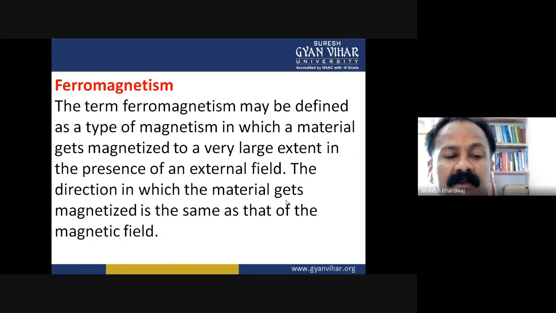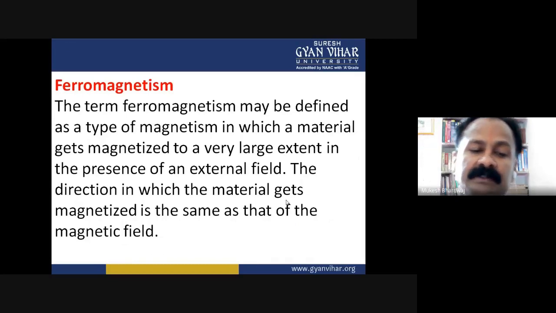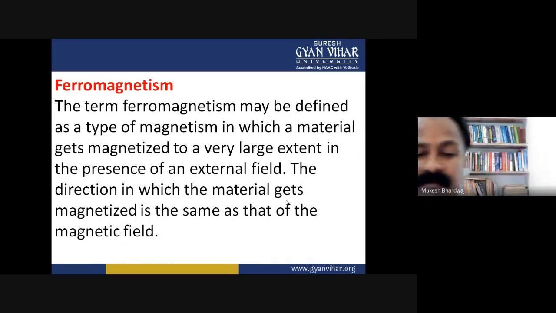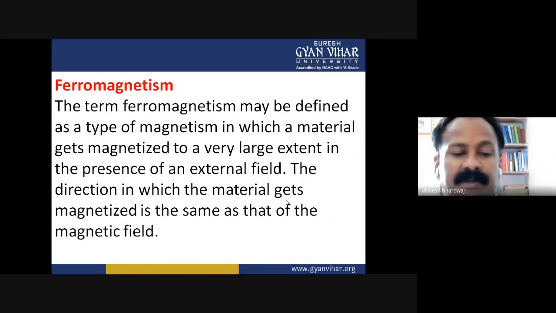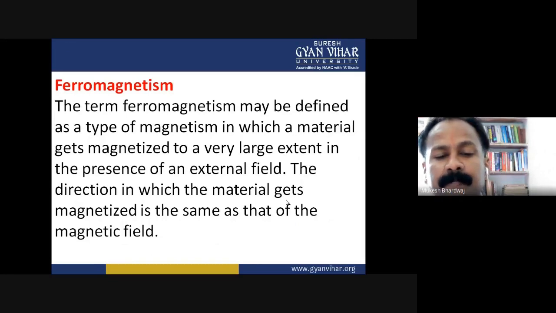Among the elements, ferromagnetism occurs in iron, cobalt, nickel, Gd and Dy. The important common characteristic of these elements is the existence of a partly filled inner electron shell. In a ferromagnetic material, magnetization arises spontaneously over a large region of the material.